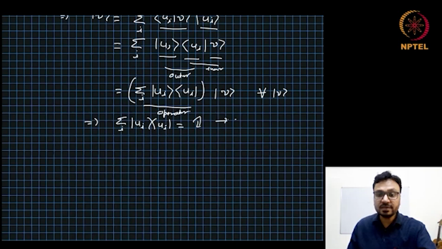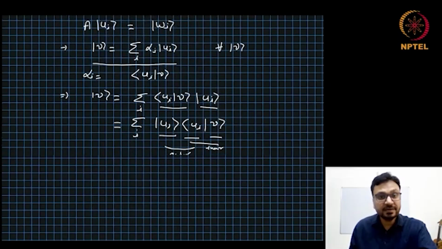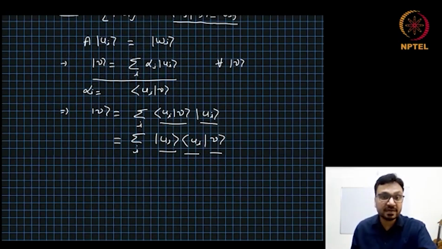This is called completeness. So if you can write every vector V as a sum of the orthonormal basis ui, then this outer product of ui, summed over i, should yield an identity operator. The identity operator is something which acts on a vector and gives you the same vector.